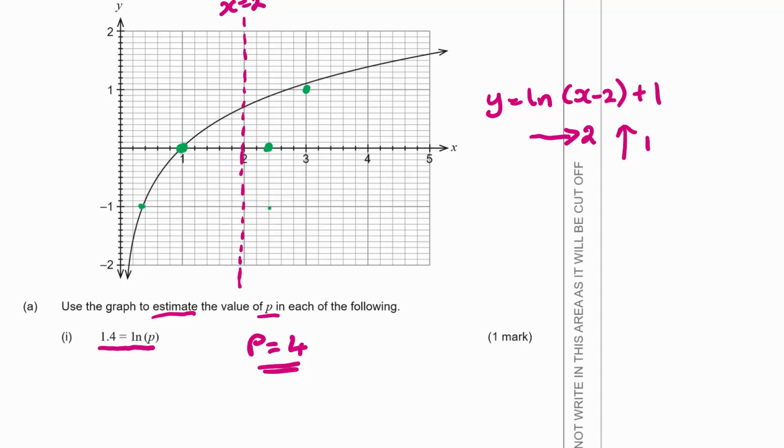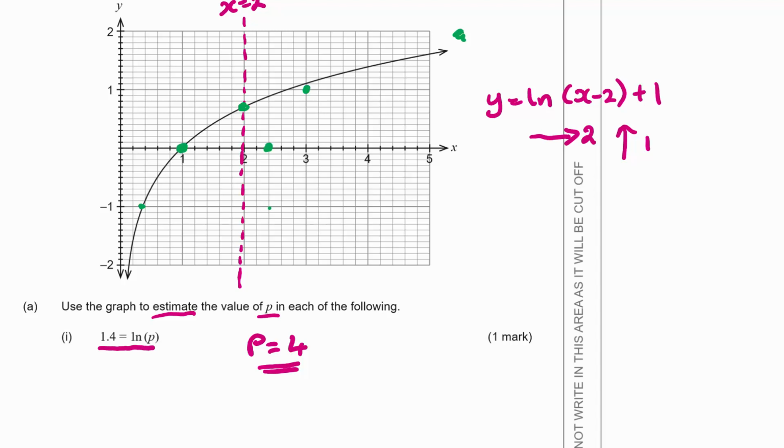Also, I might be interested in where this is going to actually leave over on this side of the graph. So if we choose, say, this point just here, let's move that 2 across and then move it up 1.